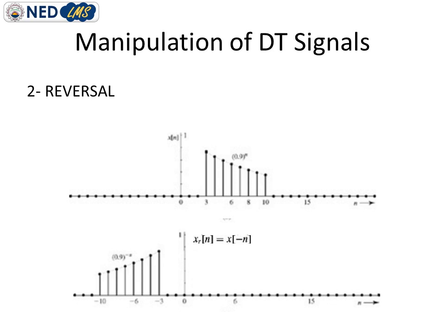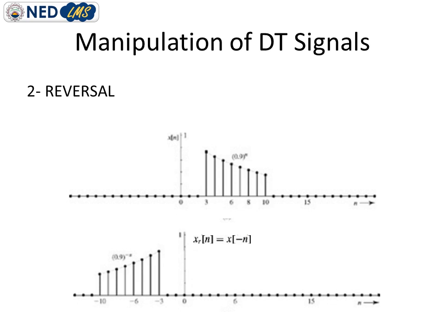This is also valid for discrete time signals. If x of n is the original sequence and we rotate or reverse it about the vertical axis, we get x of minus n.